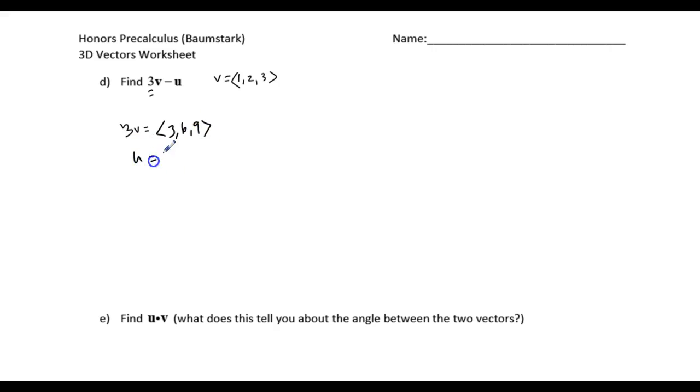And then we know the vector u is -4, 0, 2. And then we subtract components when we're doing vector subtraction. So 3v minus u is going to be 3 minus -4, which would be 7; 6 minus 0 is 6; and then 9 minus 2 is 7. So that would be the component form of that vector.